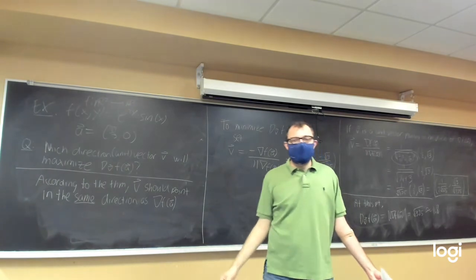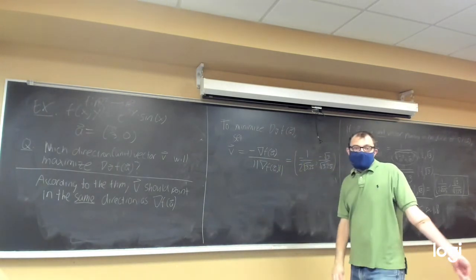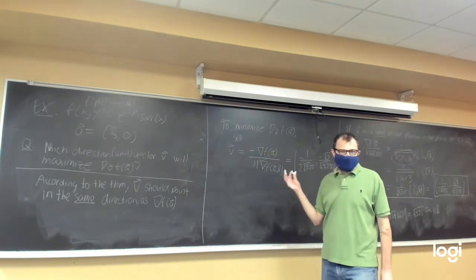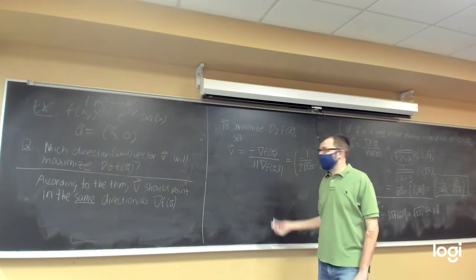So once we know what the most uphill direction is for v, just take the negative of that to get the most downhill direction.